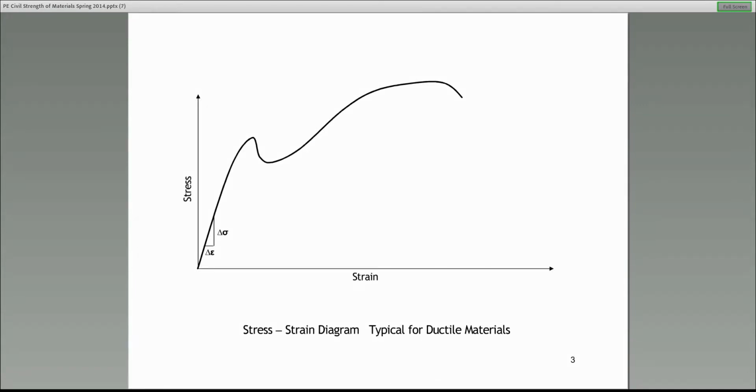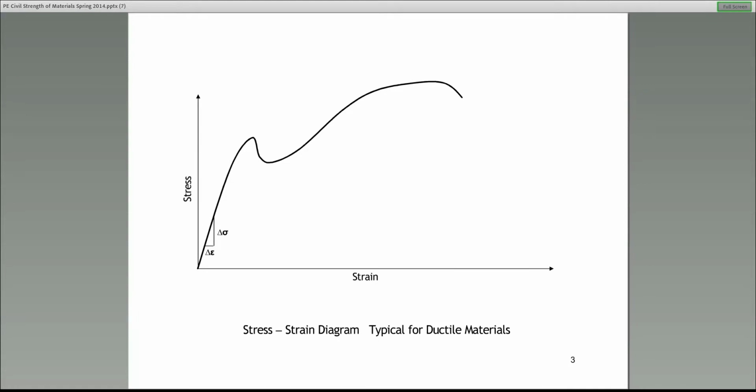Now, a structural engineer or a materials engineer can look at a curve that we call stress-strain for a given material, and by looking at this stress-strain curve, they can estimate the behavior of that particular material under force.